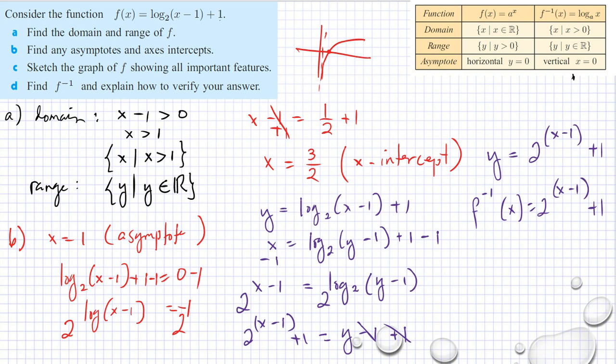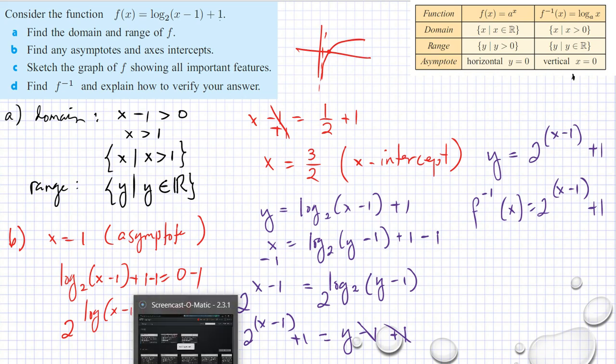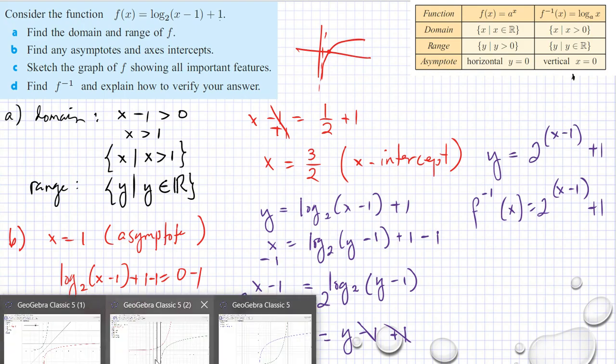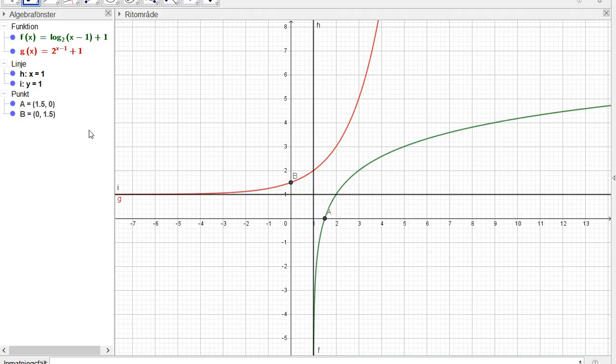Let's see if we can graph that also. Okay, I'm going to sketch now. I already graphed it.